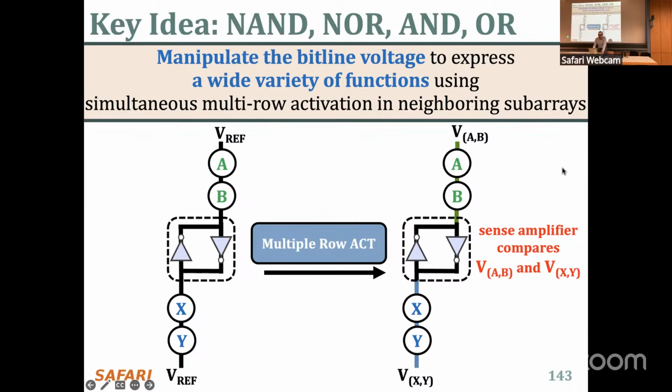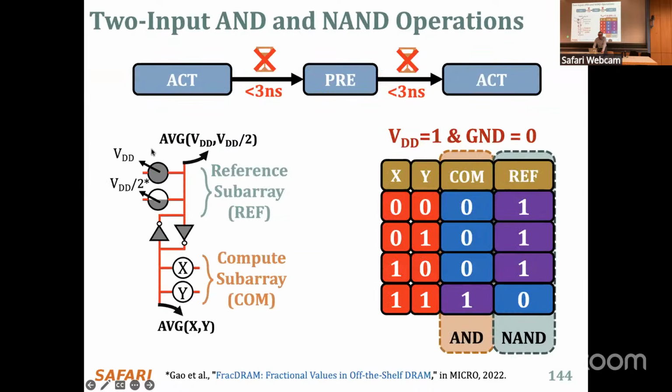Now, if you can manipulate the bitline voltages, you can express a wide variety of functions using this sort of primitive. Let's say I call this the reference subarray. I have an animated version, but it's not here right now. But it doesn't matter. I think you can do the animation yourself because we built enough background over here. Let's say this is our reference subarray.